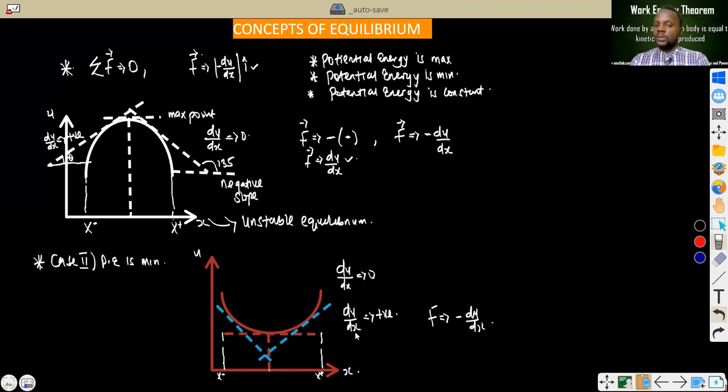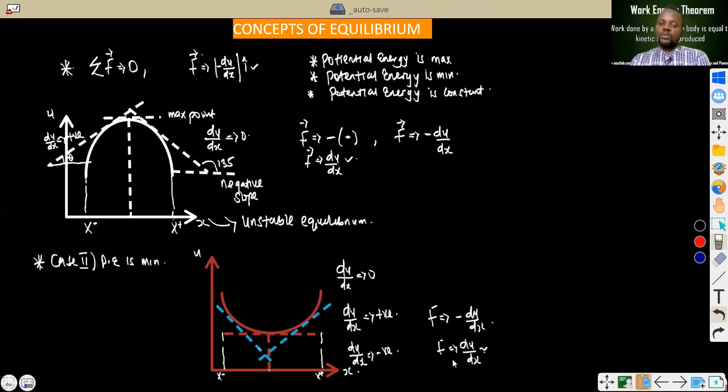You all know how to do that. And doing that, dU by ds for x minus will still give us a negative slope, and the force at that point will give us a negative times negative. From the formula, that is going to give us dU by ds, which is positive.